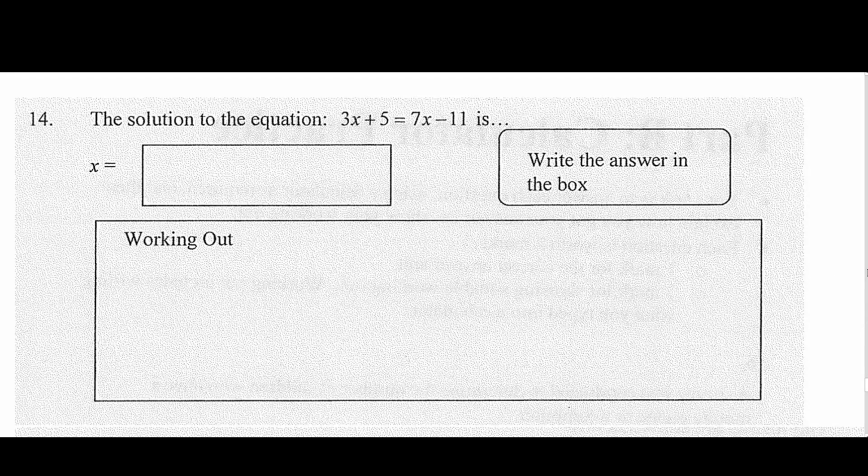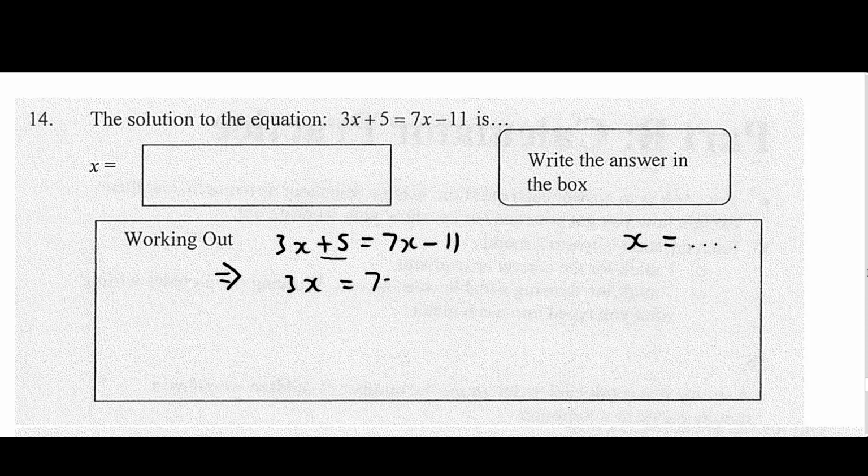The solution to the equation 3x plus 5 equals 7x take 11 is, let's do it. We've got 3x plus 5 equals 7x take 11. All right. Now I need my x's on one side and the numbers on the other. So first step, I have a plus 5 here. It goes to the other side.